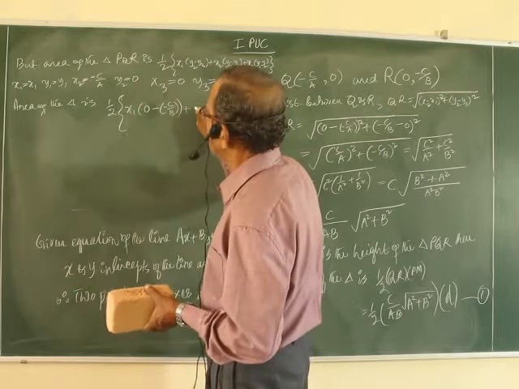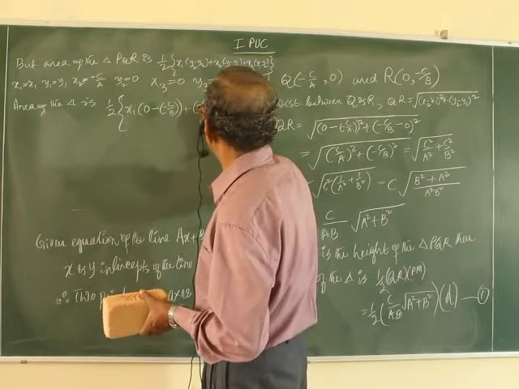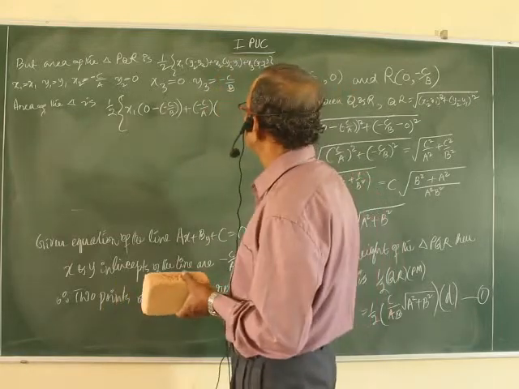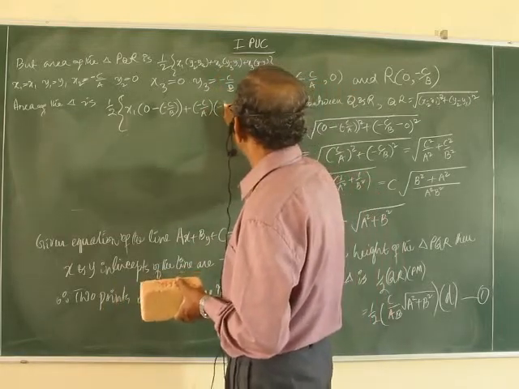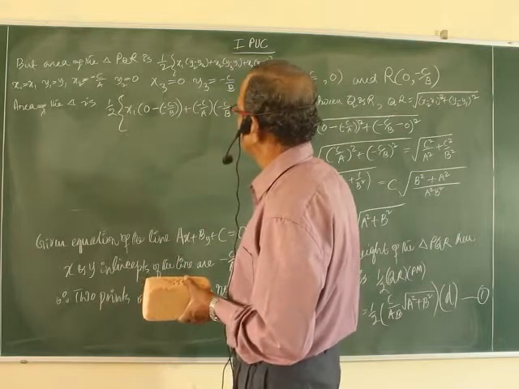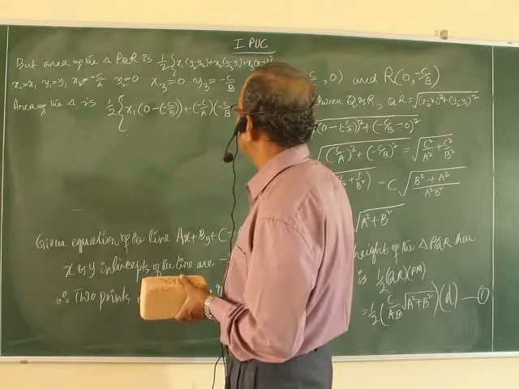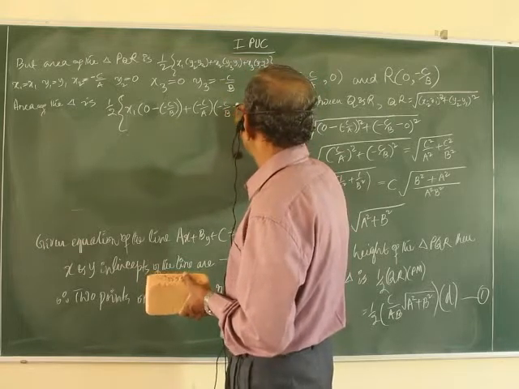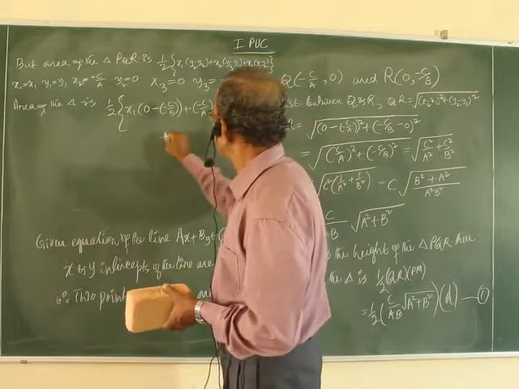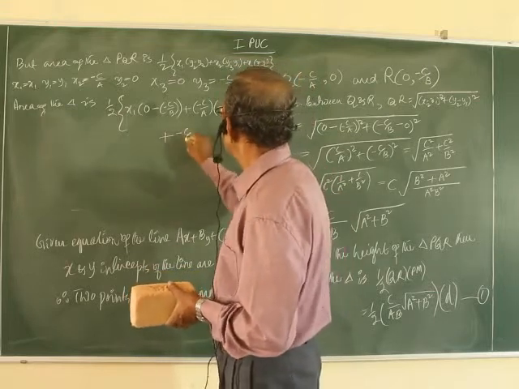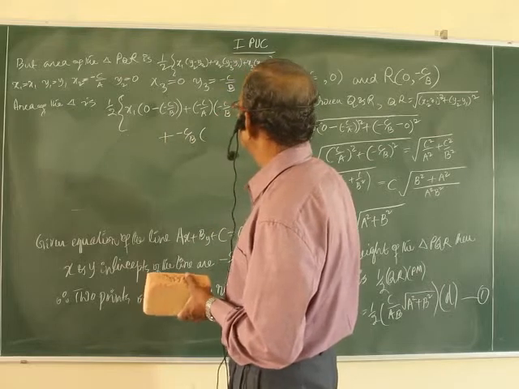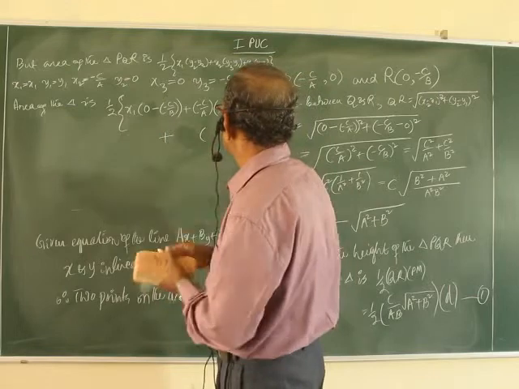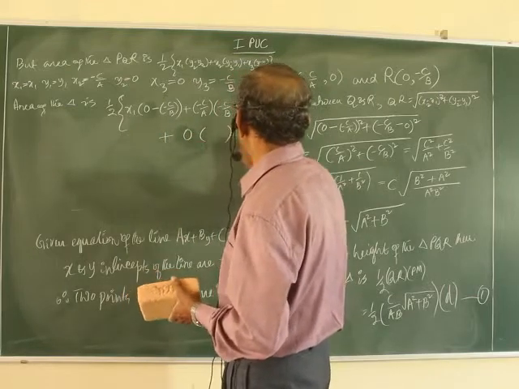plus x2 into minus c by a into y3 minus y1, plus y3 into x3 into whatever may be that term, it is 0.